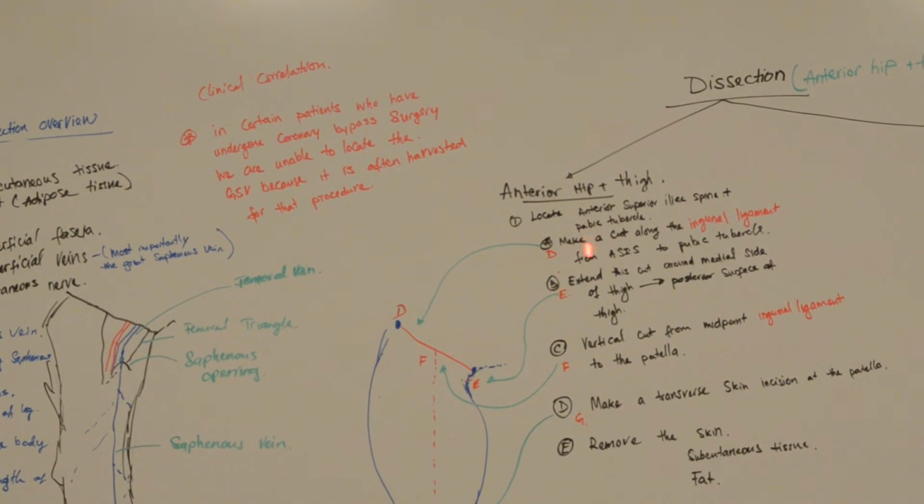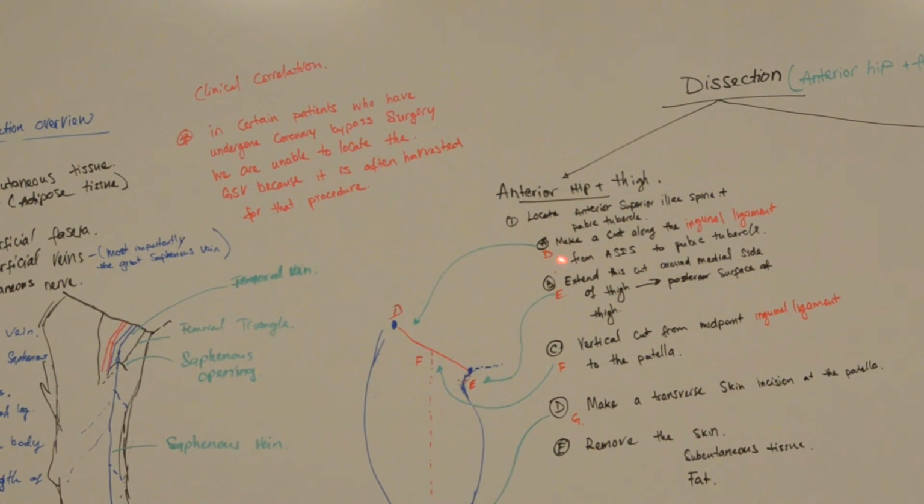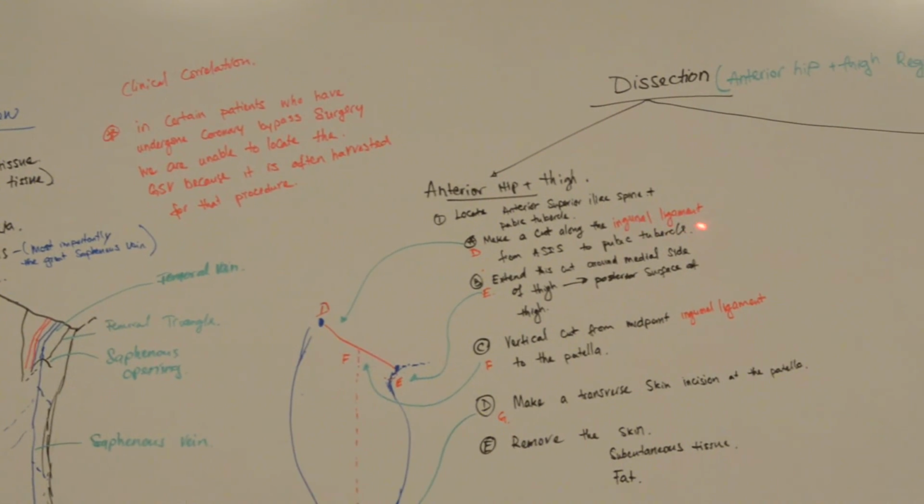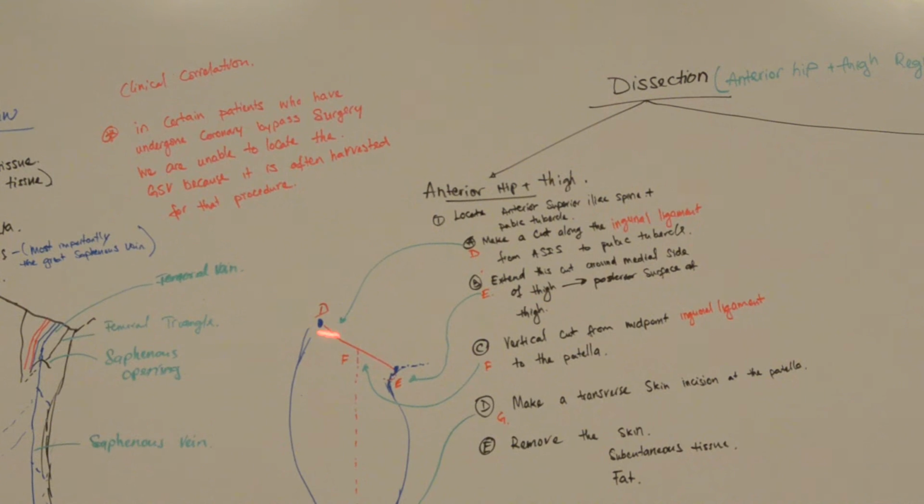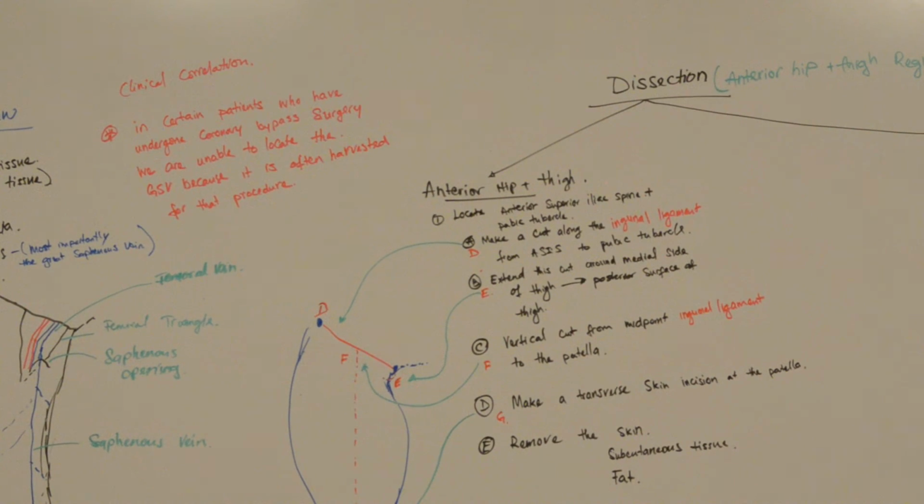Okay, so we want to make a cut along the inguinal ligament, from the anterior superior iliac spine right here to the pubic tubercle right there. And then we also want to extend this cut around the medial side at E right here, the medial side of the thigh to the posterior surface of the thigh.